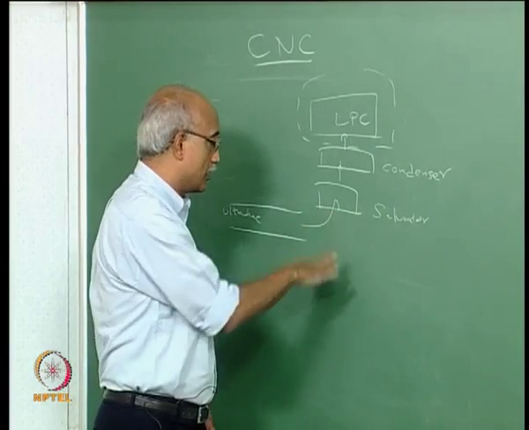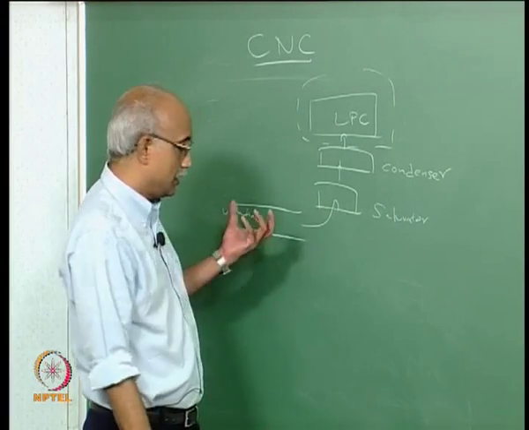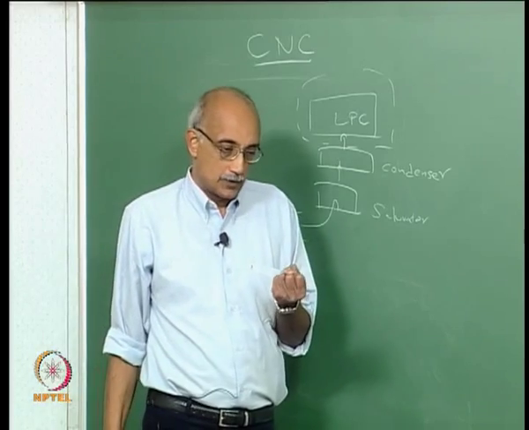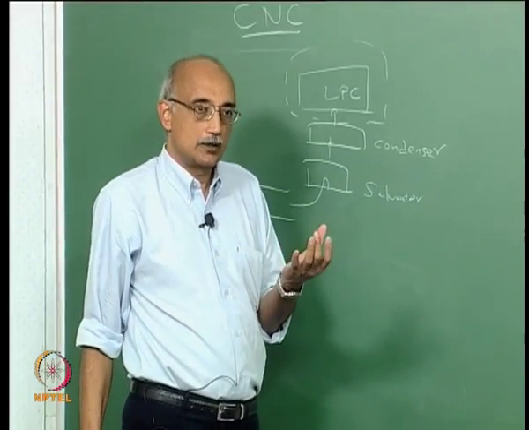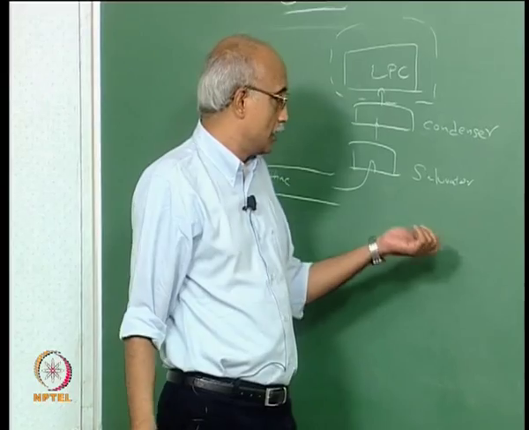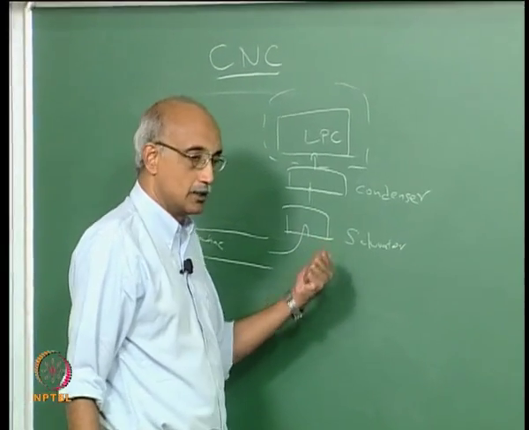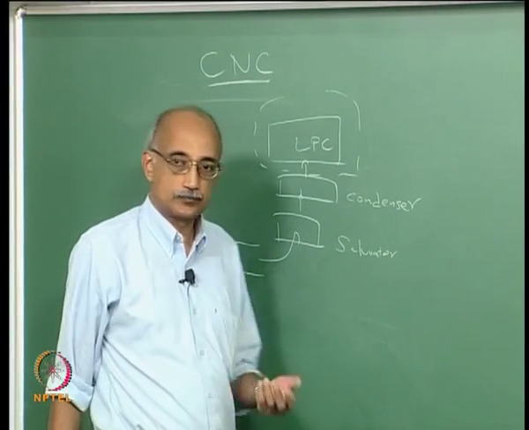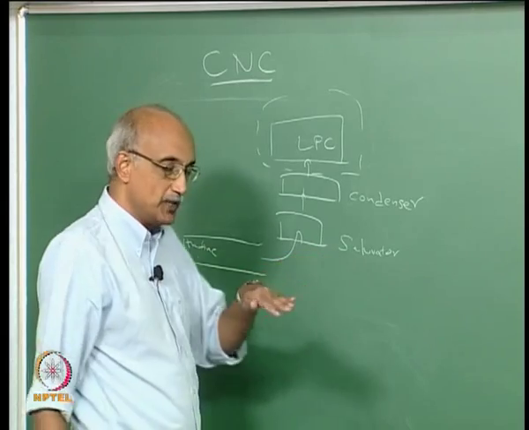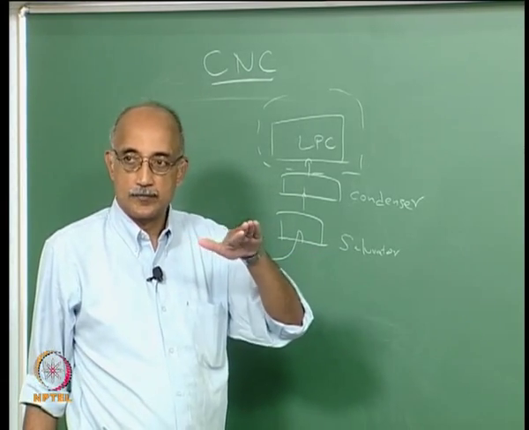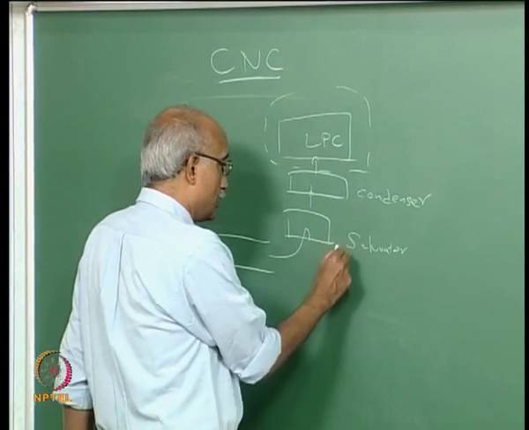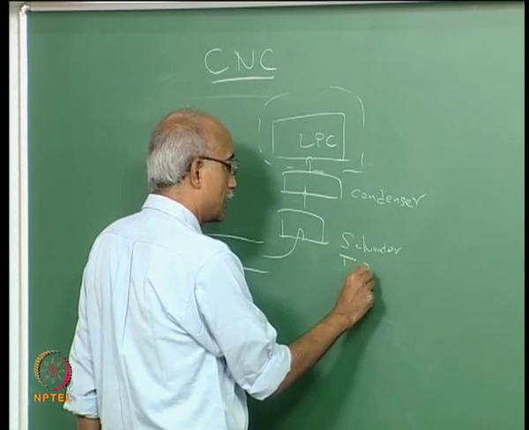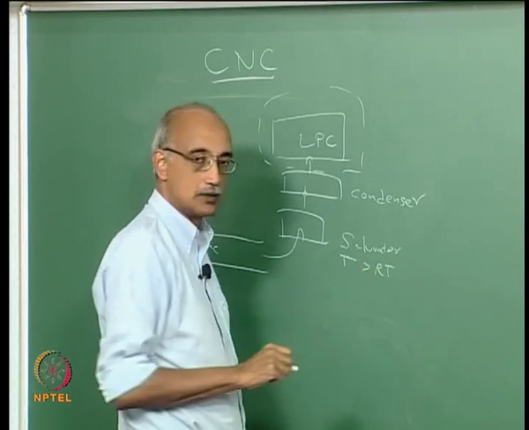So what exactly are we doing here? We are taking the ultrafine particles that are, for example, in air. You are introducing here a condensable vapor, but you keep the temperature slightly high. So this temperature here may be slightly greater than room temperature.